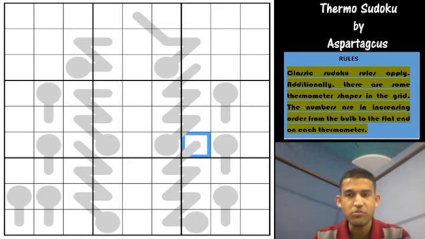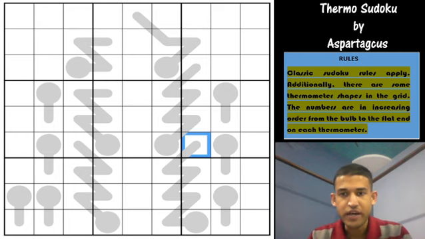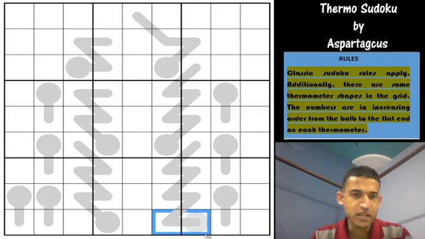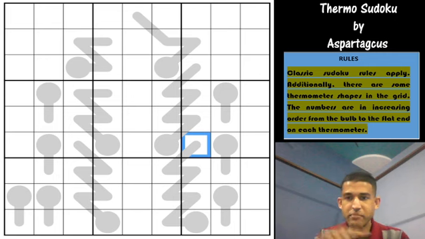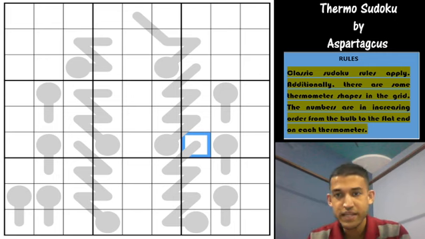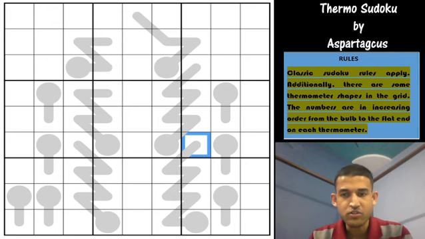So these are the thermometer shapes. And in each of these thermometers, digits strictly increase. By that I mean you cannot even have repeating digits, same digits on the thermometer. So starting from the round bulb until the flat end, digits would keep on increasing, and that is what strictly increase means. So these are the rules.